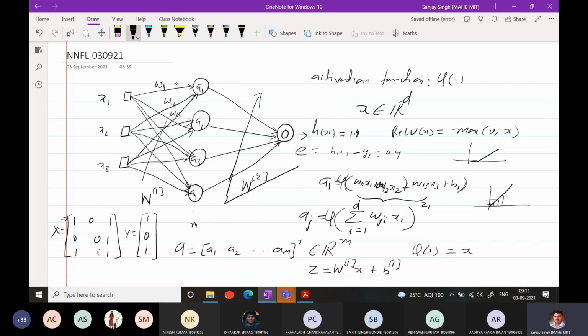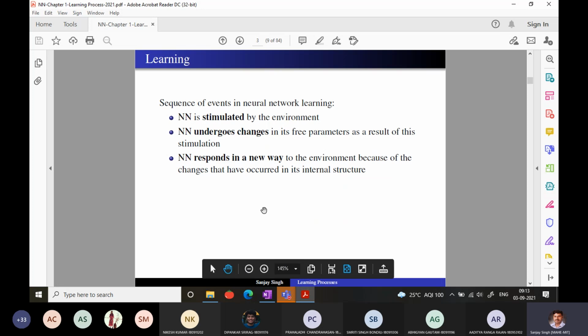When I say we reflect something, these changes happen. Now this kind of change in the synaptic weights and bias is called a change in internal structure. So this is what I mean by internal structure. I'm not saying change the architecture. Remember this word, change in internal structure. That's why I'm emphasizing this a lot.